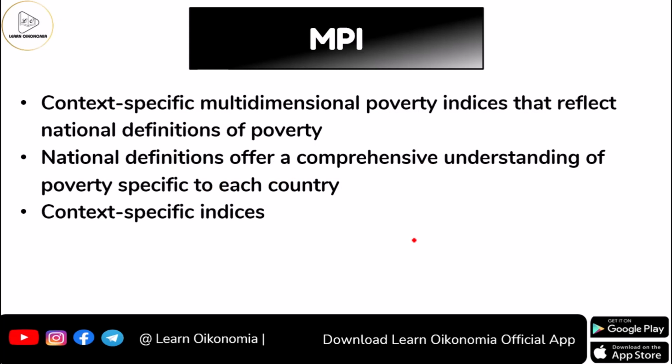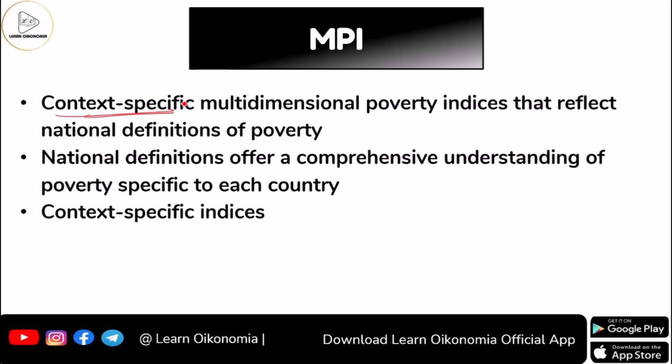So altogether, what we could see is that from the perspective of India, we should go for a context-specific multidimensional poverty index, because it's very important to reflect the national definition of poverty. The way in which we perceive poverty might not be the way in which some other nation perceives poverty.